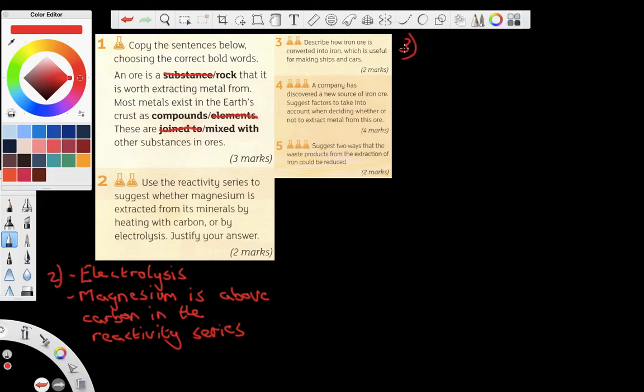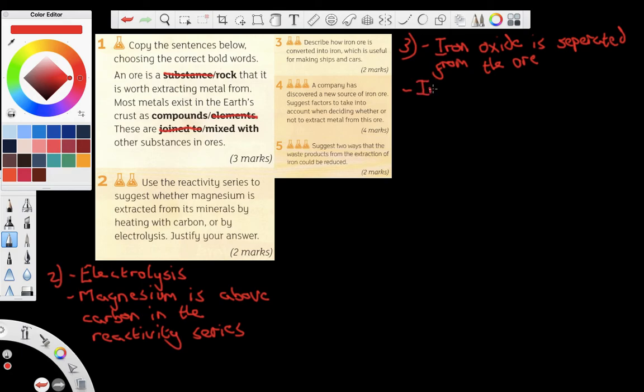So for number 3, you needed to say that iron oxide is separated from the ore for 1 mark. And for your second mark, you needed to say the iron ore is heated with carbon and displacement happens.